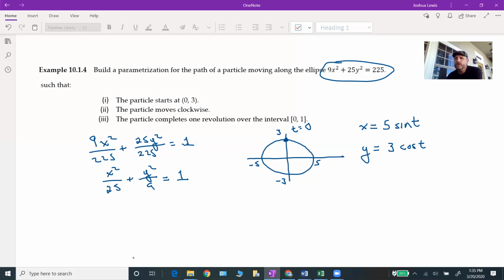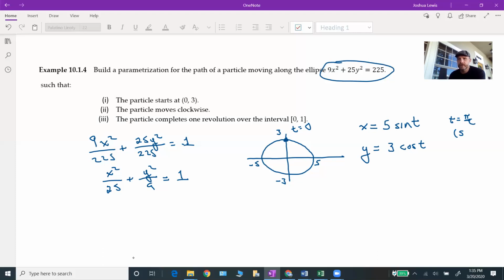Now, does this move in the right direction? Well, let's see. There's time 0. Where would this be if we were at, say, time equals pi halves? Well, at time equals pi halves, we would be at, well, 5 times pi halves is 5.